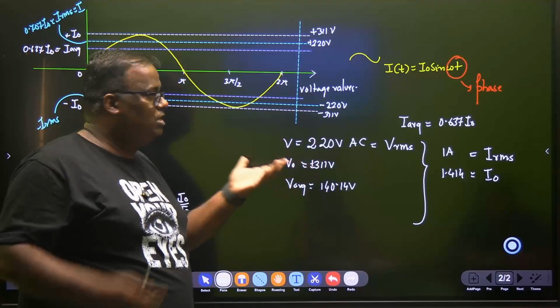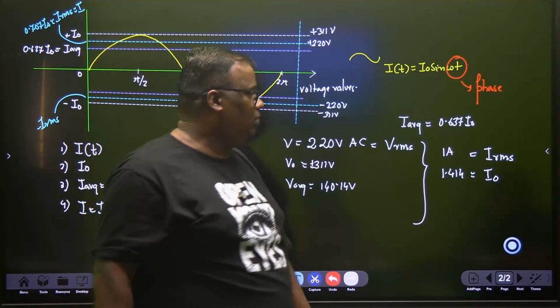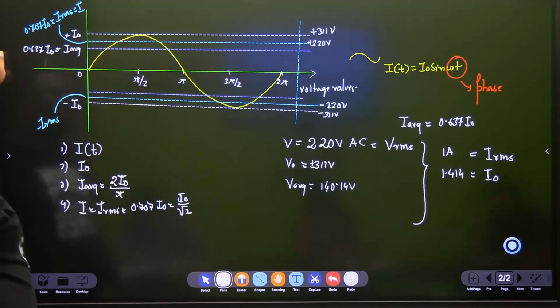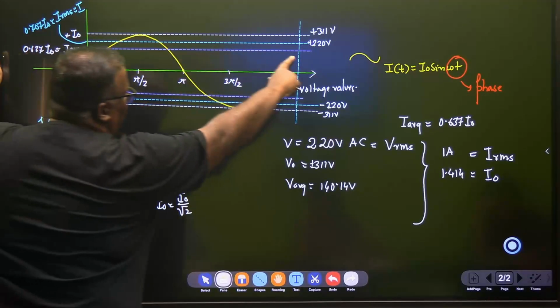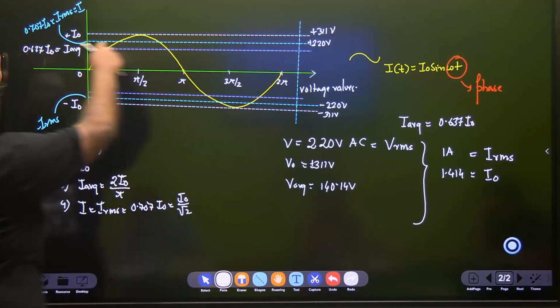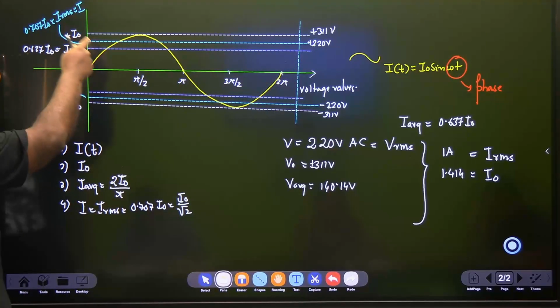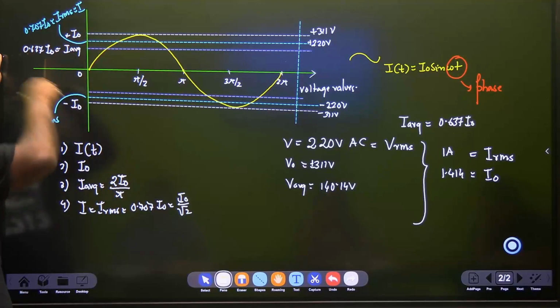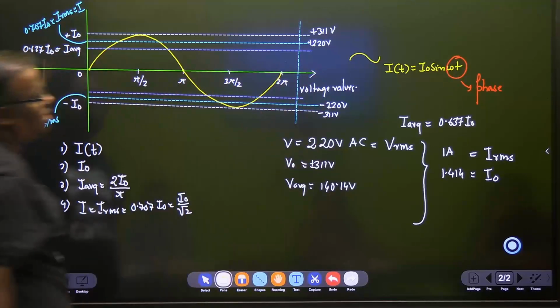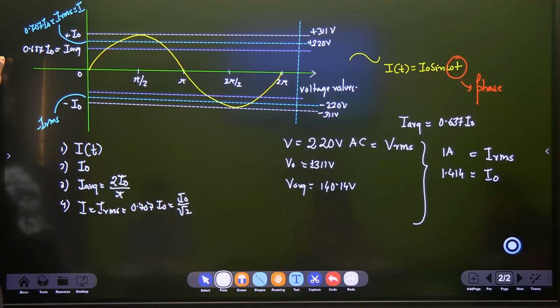What is the way to relate between IRMS and instantaneous current? So the RMS current is a steady value. That means this is like a direct current. So the RMS current is the direct current which will push the same amount of charge over the same interval of time as an alternating current would push with the signal I at t equal to I0 sin omega t.